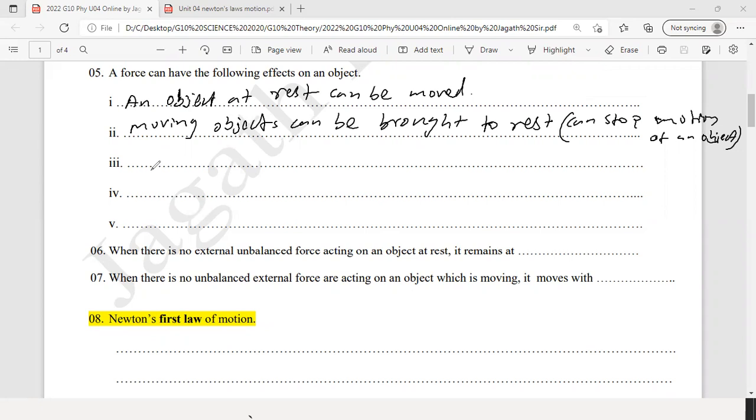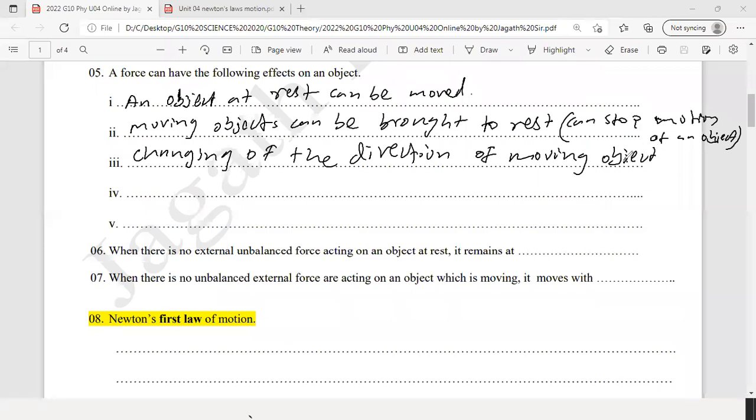So by applying a force, you can change the direction of a moving object.